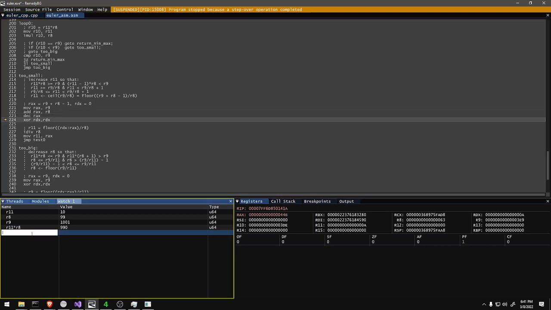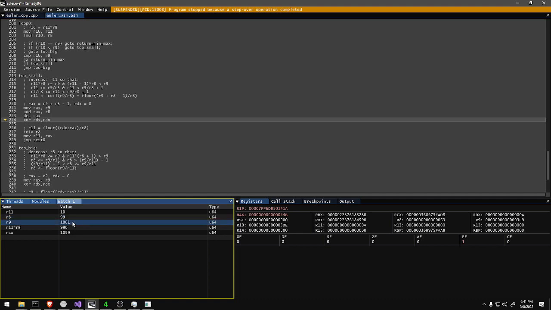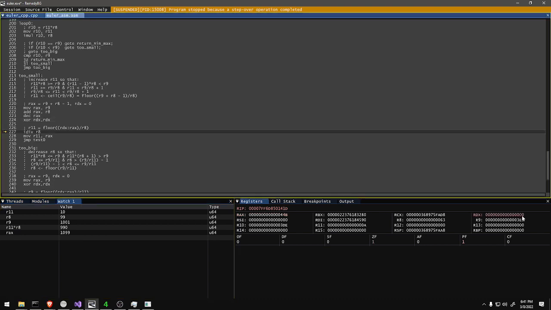So now RAX equals R9, the target, plus R8 minus 1. Yep, that seems right. We clear RDX to 0, and then we do the divide. RAX becomes 11.